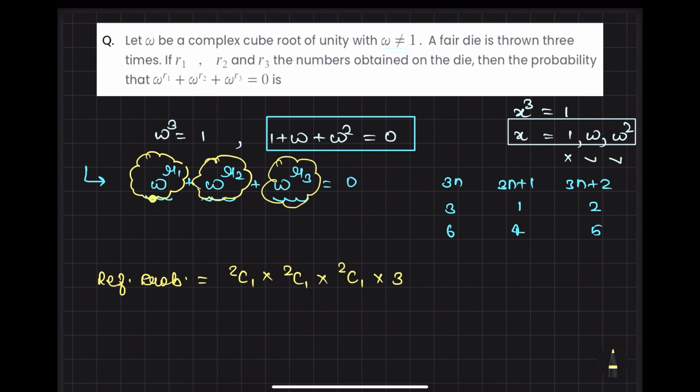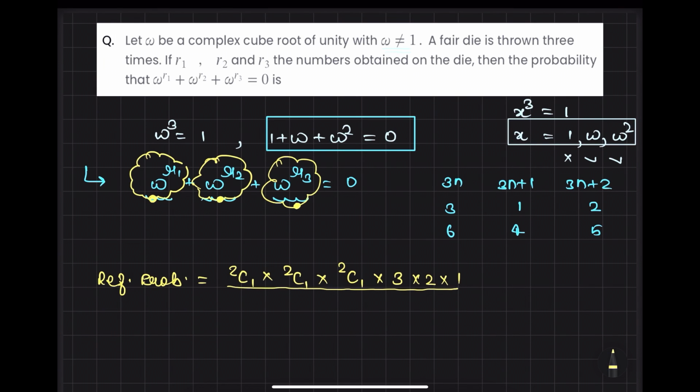This person will have only two choices because it cannot consider that which was already taken by the first person. Then the third person will have only one choice, that it has to go with the leftover one. So this is the idea.